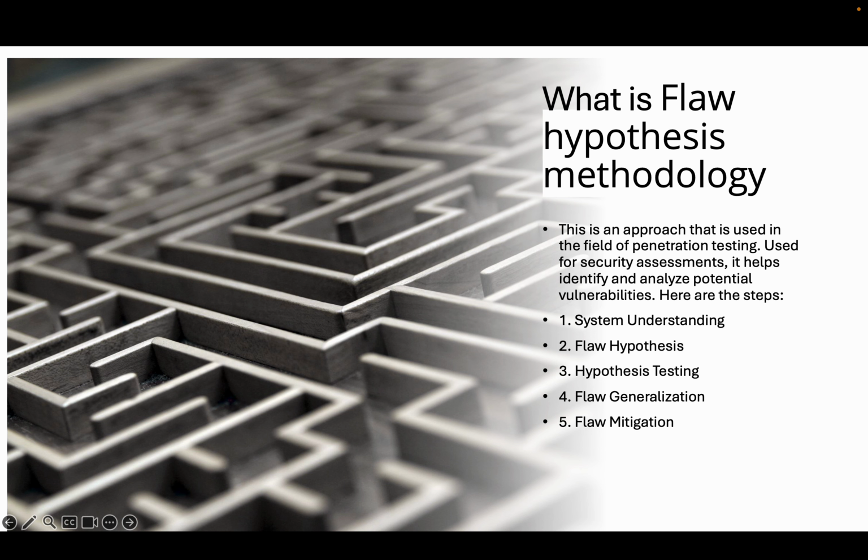Number two is flaw hypothesis. This is a widely used method for conducting penetration testing. It reviews motivation for penetration testing and penetration test planning. It's more of an error of commission of a system, which we allow in order for protection mechanisms to be bypassed.